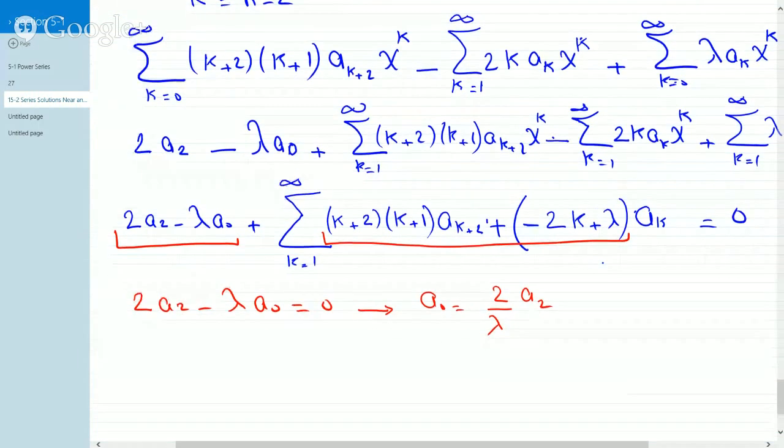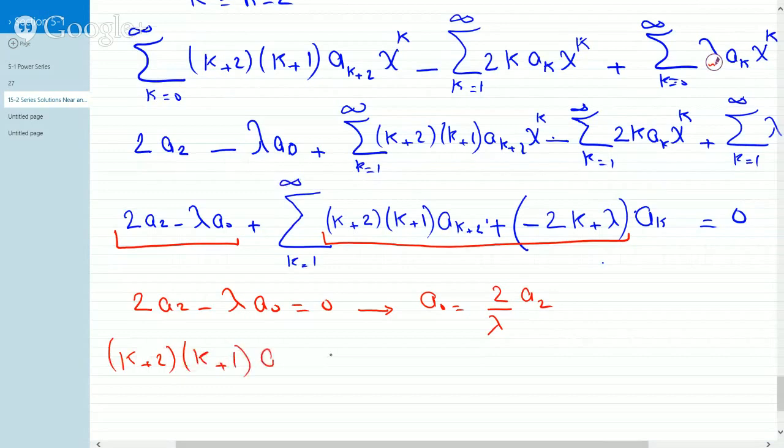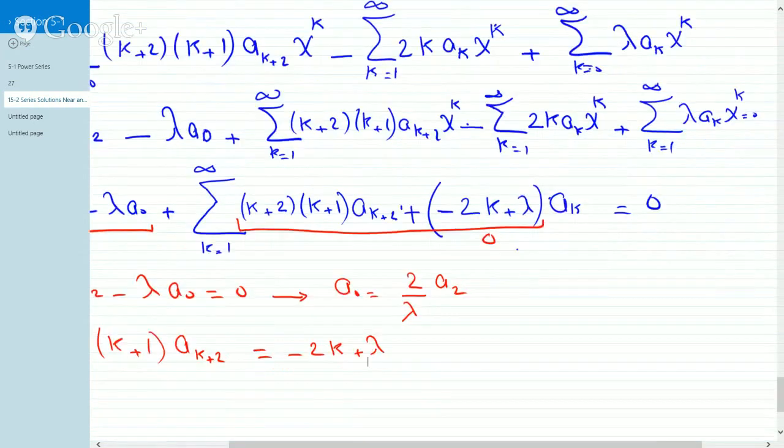And the second one is k plus 2 times k plus 1 times a of k plus 2 has to equal, this whole thing has to be 0, so that means this has to equal minus 2k plus lambda a of k.